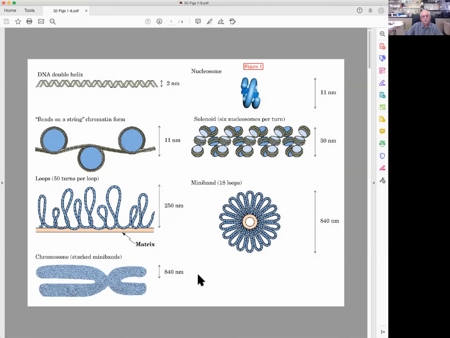Now let's say, for example, you're a molecule of RNA polymerase. Your job is to make messenger RNA from a gene. So you come up to this chromosome, and it's like, where the heck is the gene? That gene is so wound up, so tight.